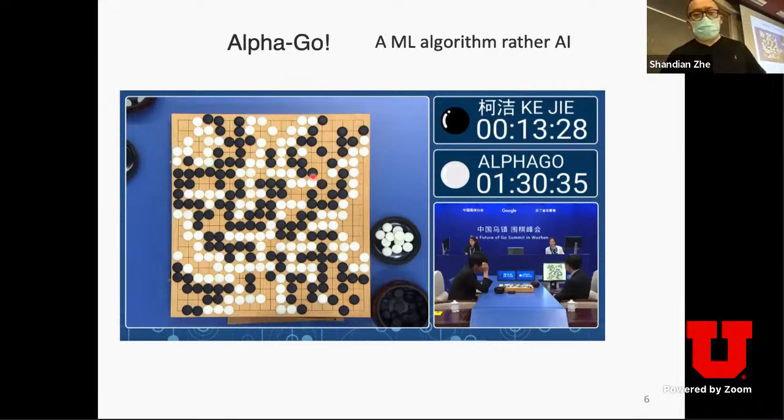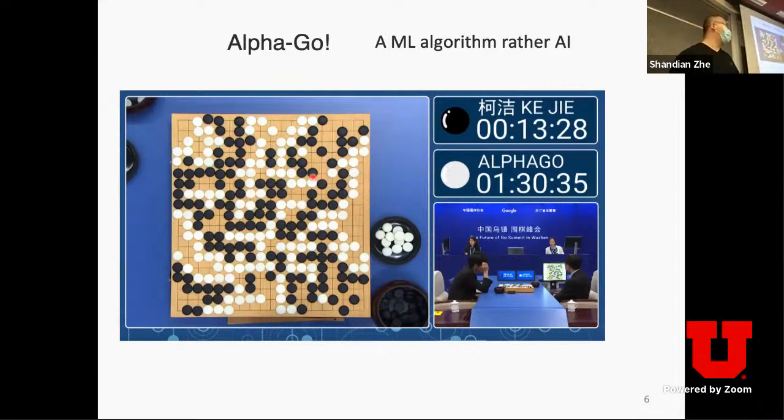At the beginning, people developed computer players for other chess games, like Deep Blue, developed by IBM, whose computer players beat the world champion in 1997.